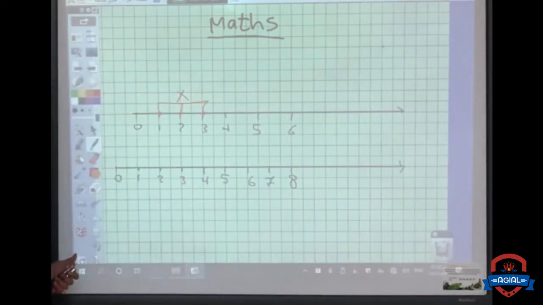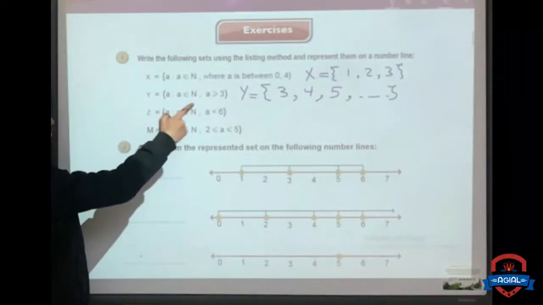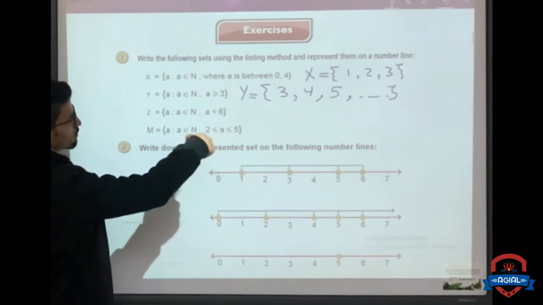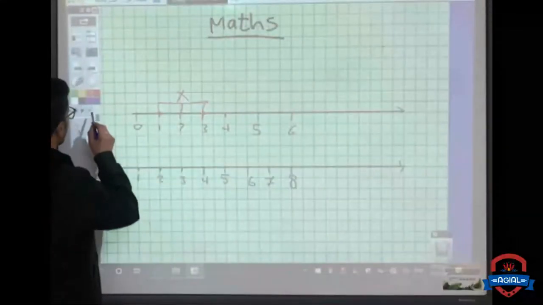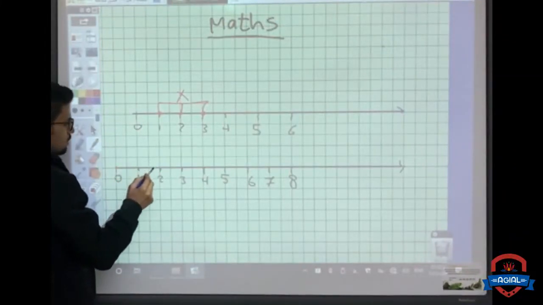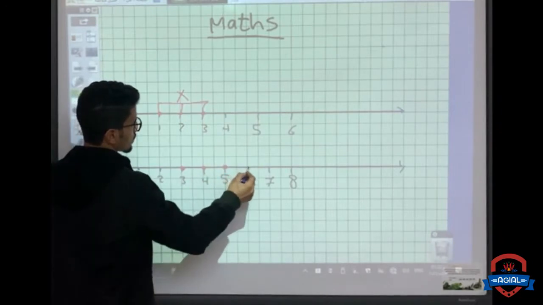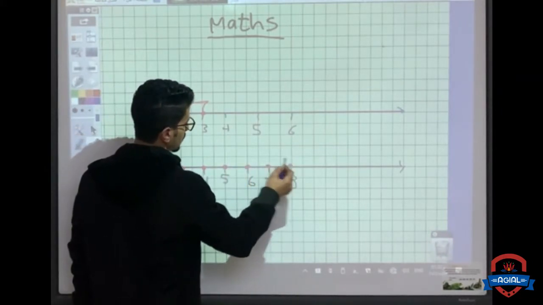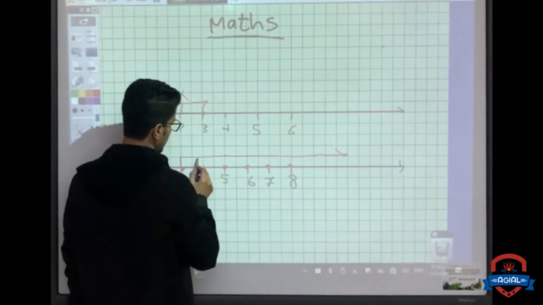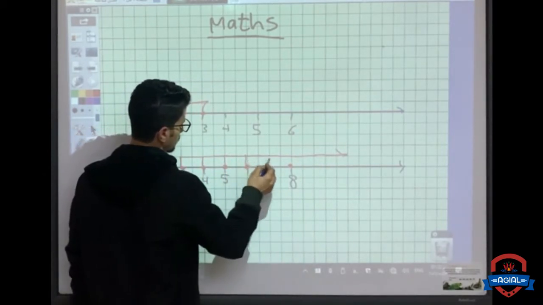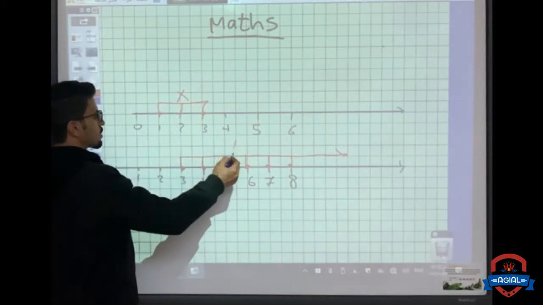We need to represent all elements that belong to this set Y: 3, 4, 5, and so on. So we take 3, 4, 5, 6, 7, 8, and so on, and we represent it by this arrow. So now this is the set Y.